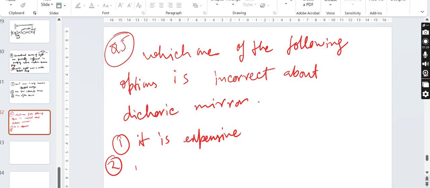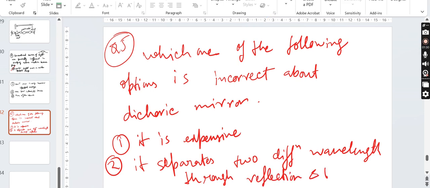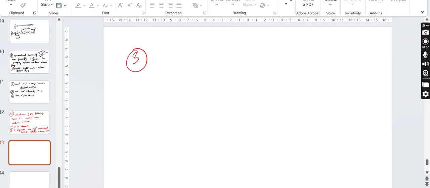It separates two different wavelengths through reflection and transmission, which is also true.